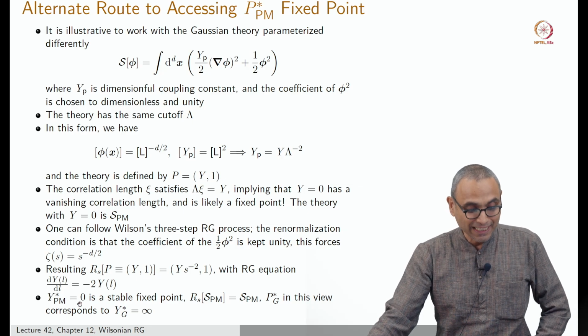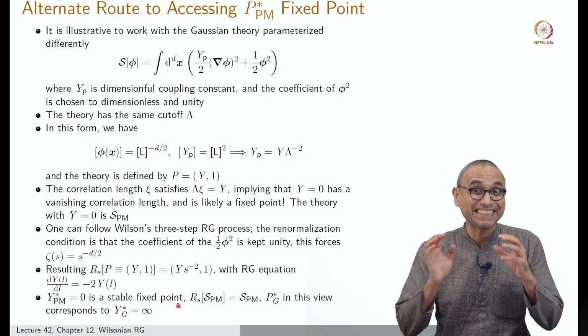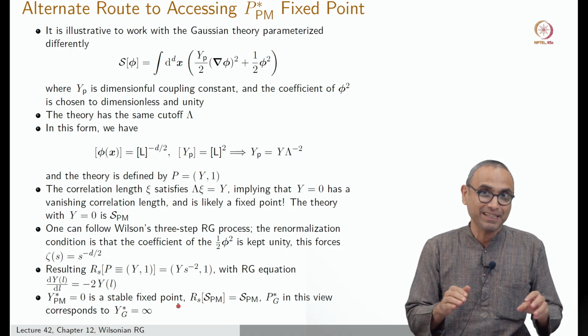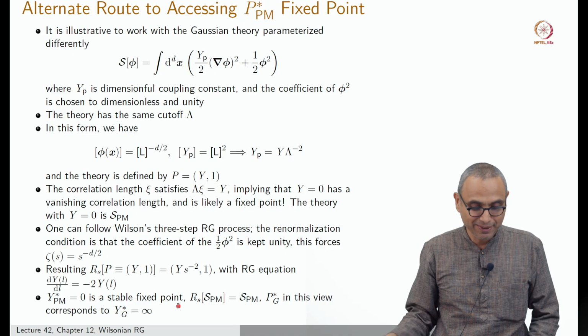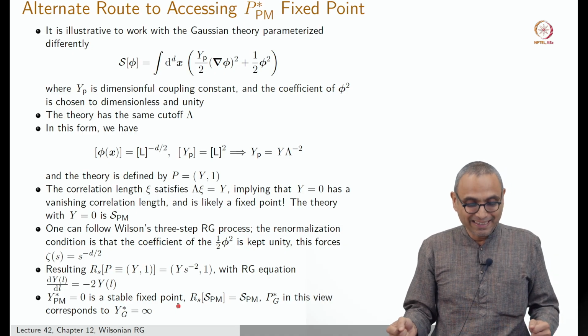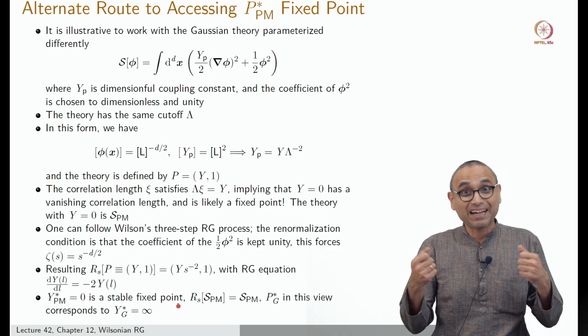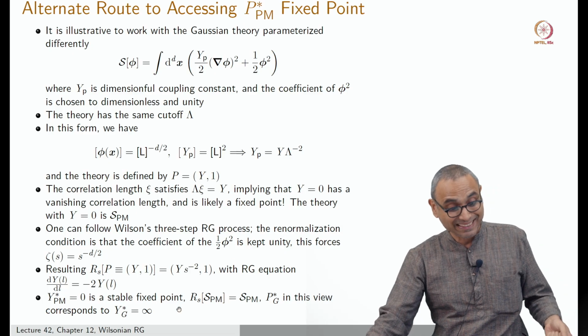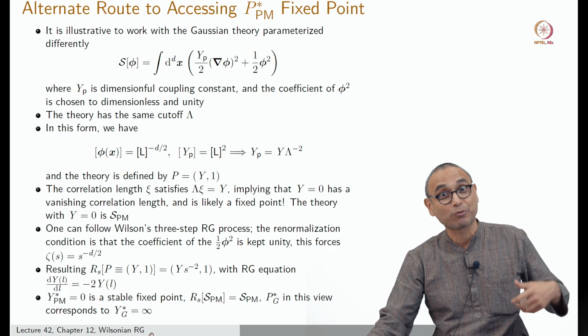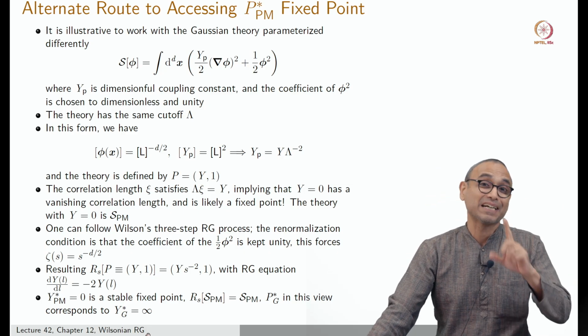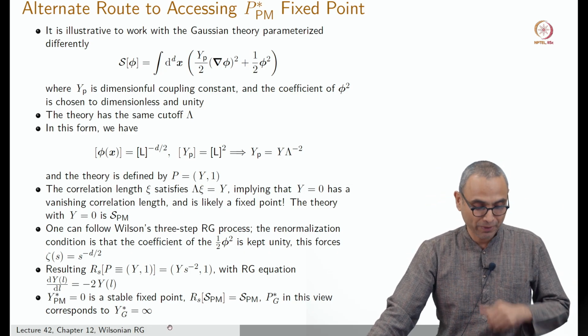So this y star P_m equal to 0 is a stable fixed point in this picture, because if I have a small y, then it will flow back to y equal to 0, and P star G can be viewed as another fixed point of this RG flow equation where y_G is infinity, and that is an unstable fixed point in this picture.